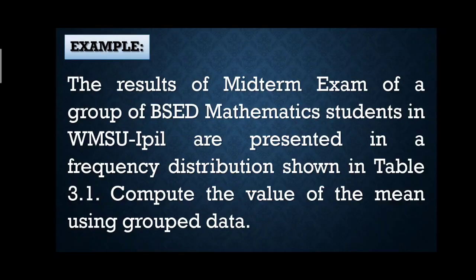Example, the results of the midterm exam of a group of BS Ed Mathematics students in WMSU are presented in a frequency distribution shown in table 3.1. Compute the value of the mean using group data.